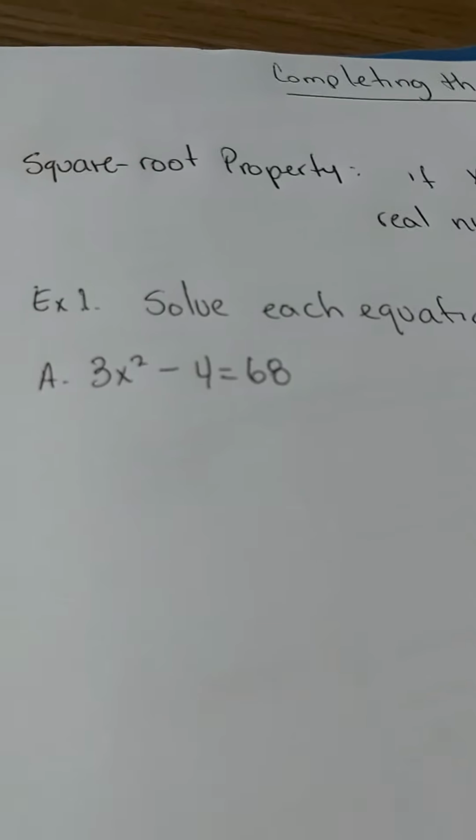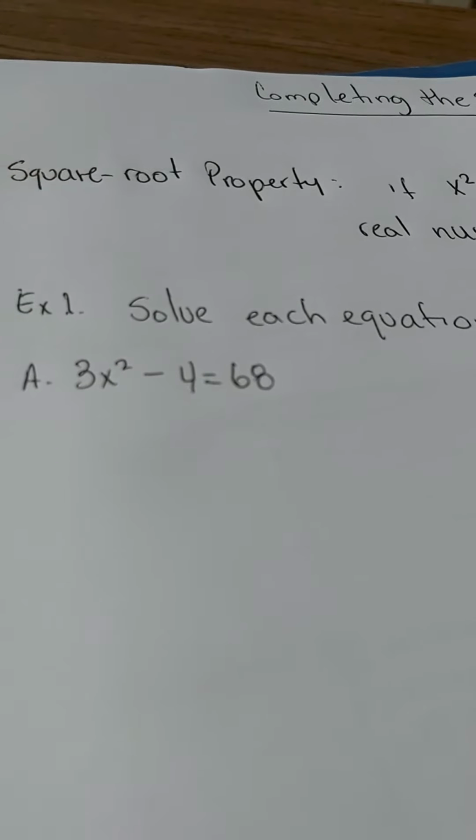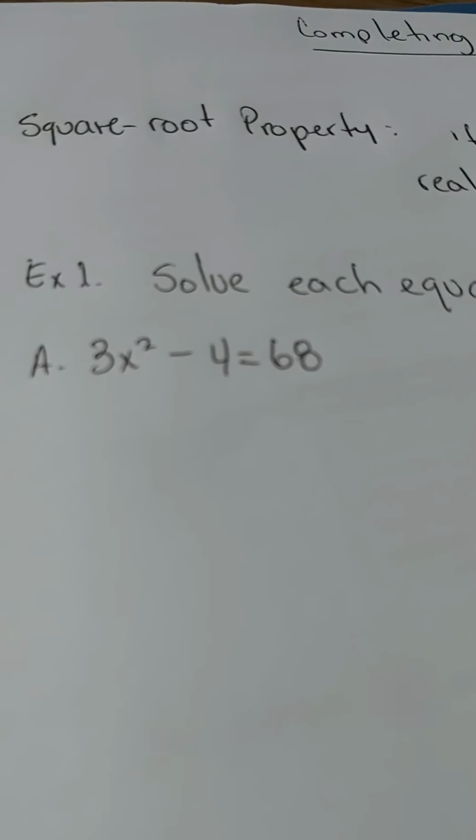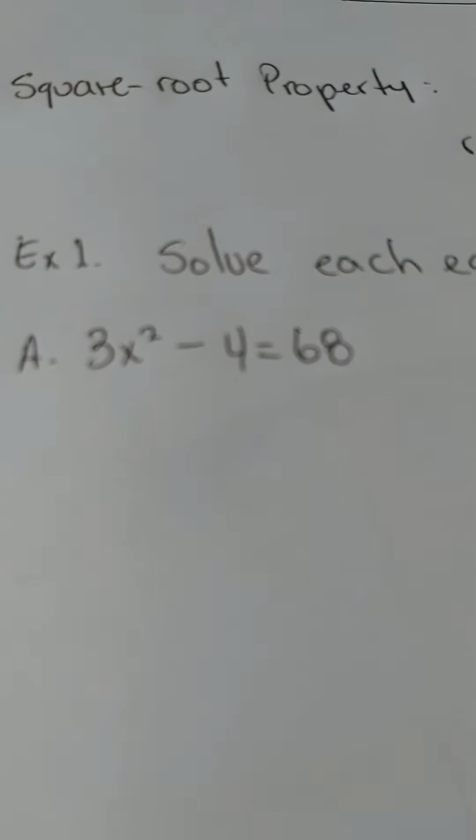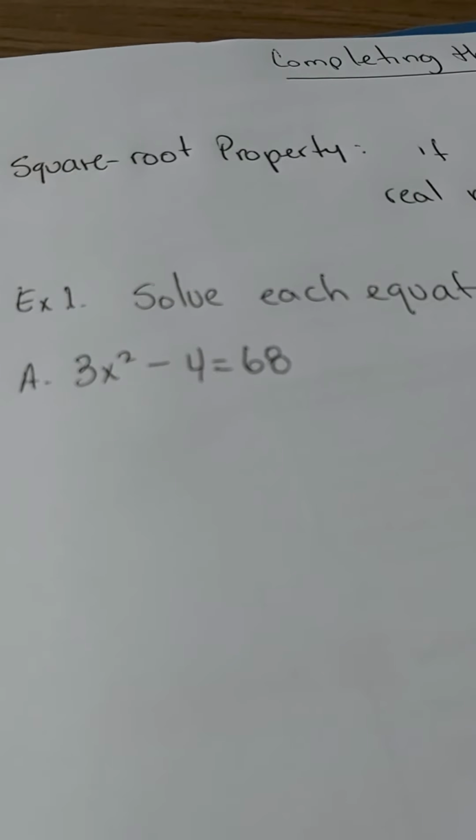So here we have 3x squared minus 4 equals 68. And we're going to try and use the square root property. Okay? So what are we going to do?